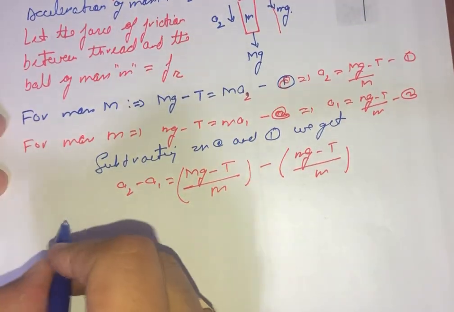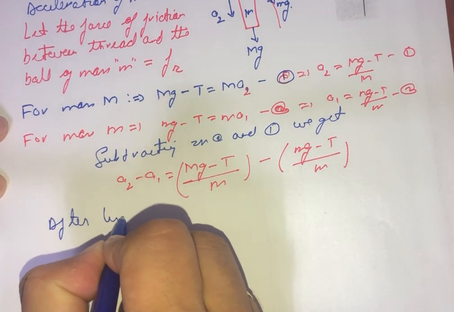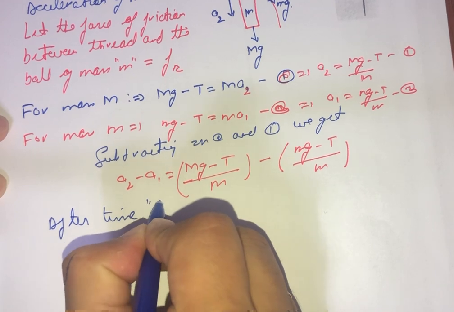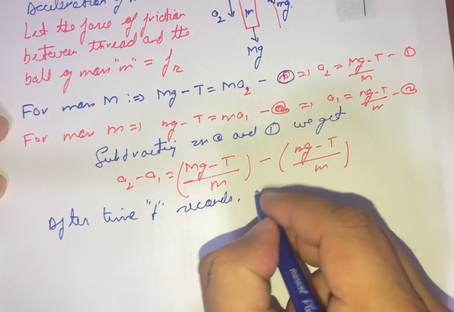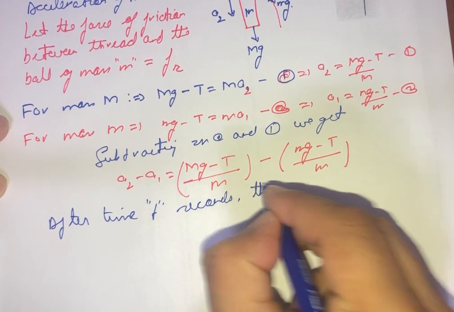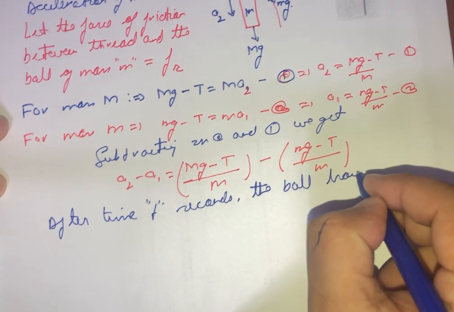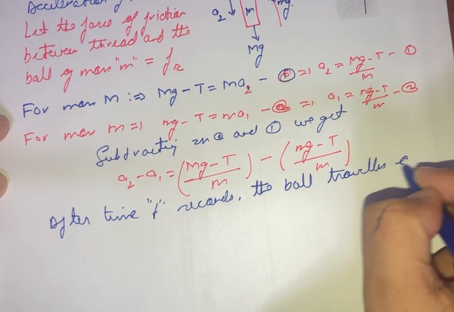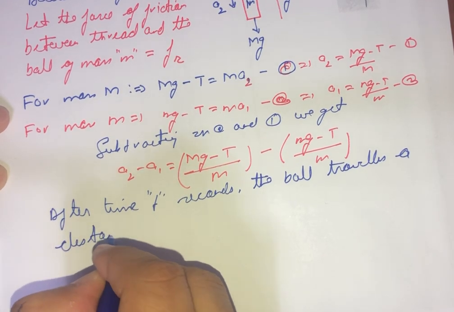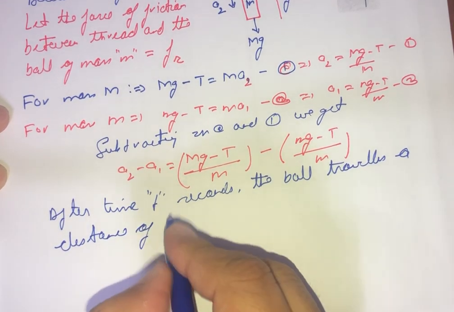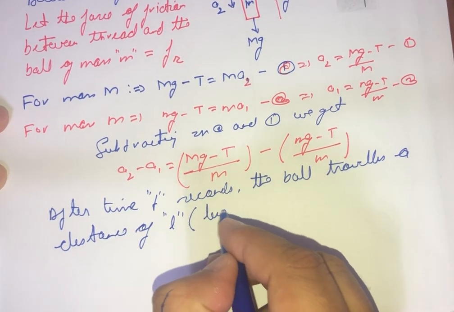So after t seconds, the ball travels a distance of L, which is nothing but the length of the rod.